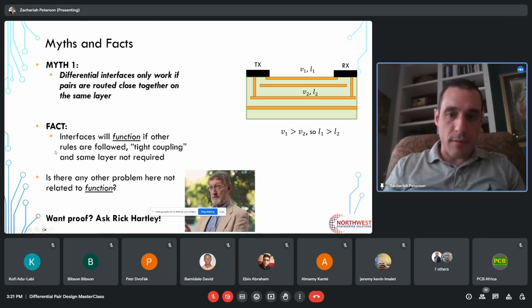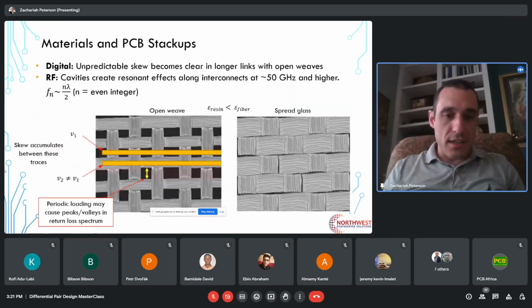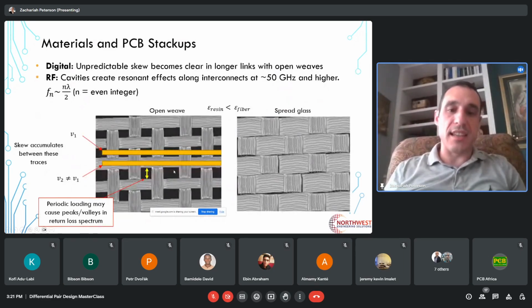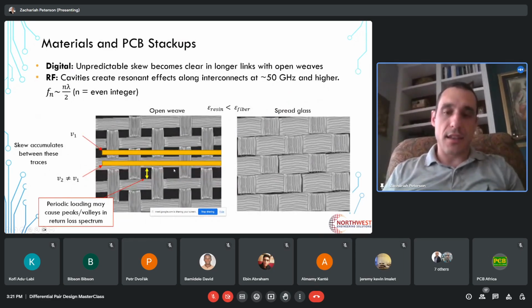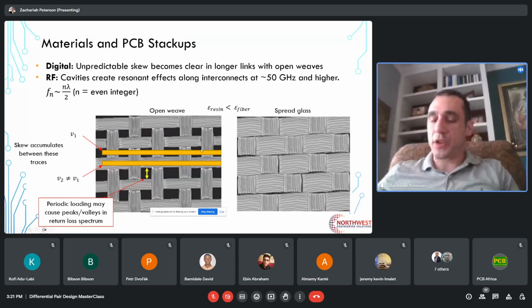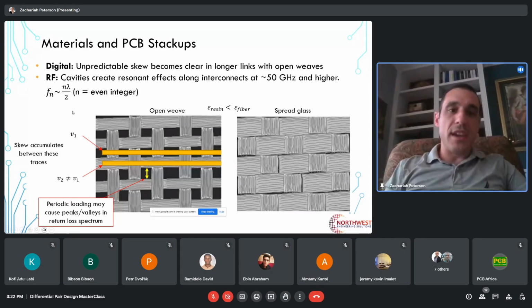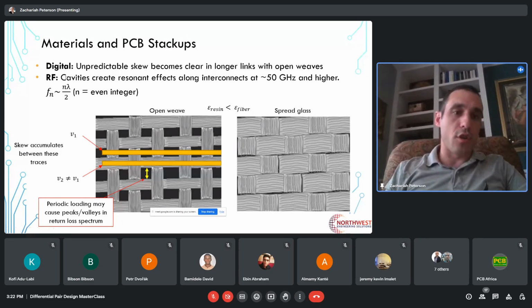And what they noticed was that they were getting big dips in the return loss and big peaks in the insertion loss spectra for their signals. And the big and small insertion losses that you see in those spectra correspond to resonances.